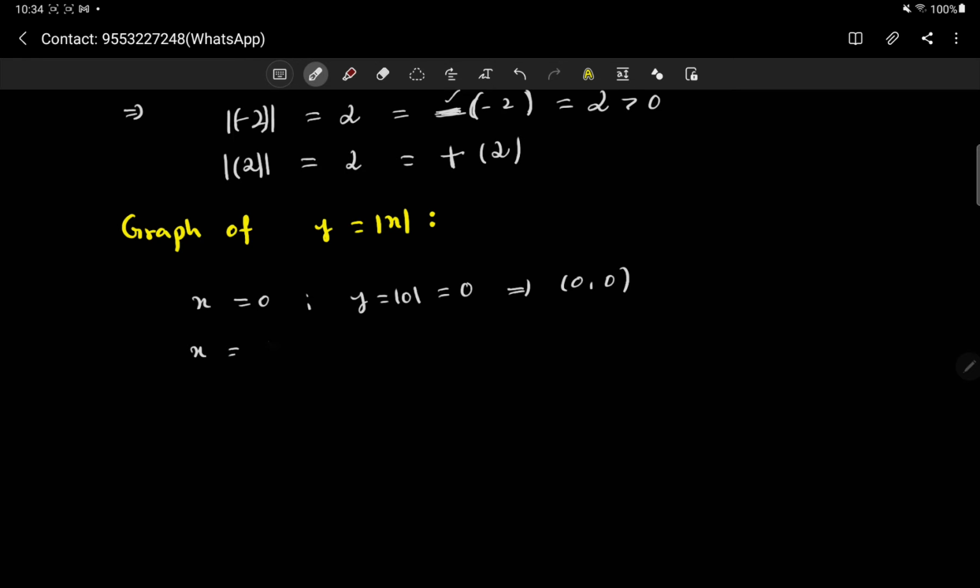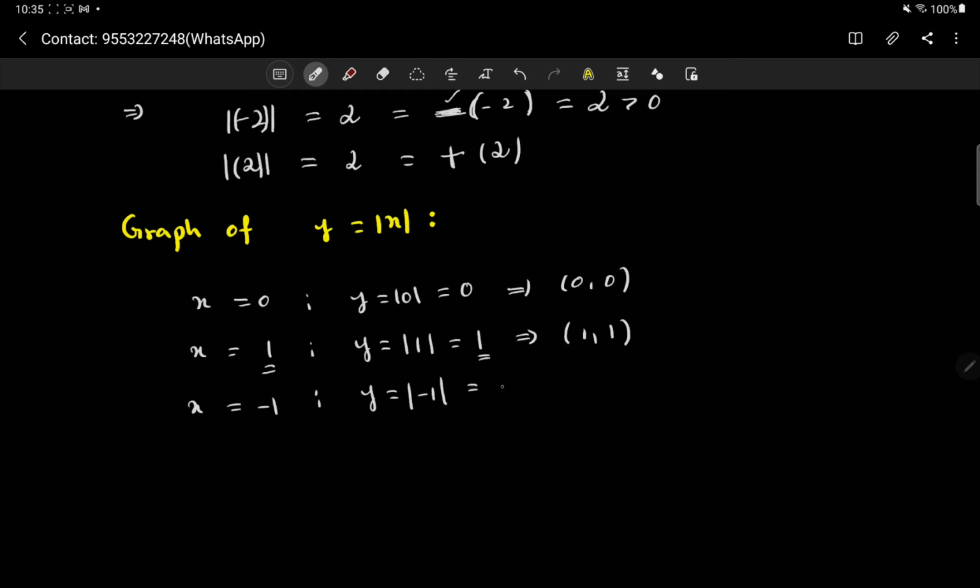x is equal to plus 1 I am giving, then the respective y value is what? Modulus of plus 1 is equal to plus 1 only. So the respective point is what? On substituting 1 we are getting the result as 1. So 1 comma 1 is a point on the curve. In that way x is equal to minus 1 I am giving, then the respective y value is what? In place of x we are giving minus 1.